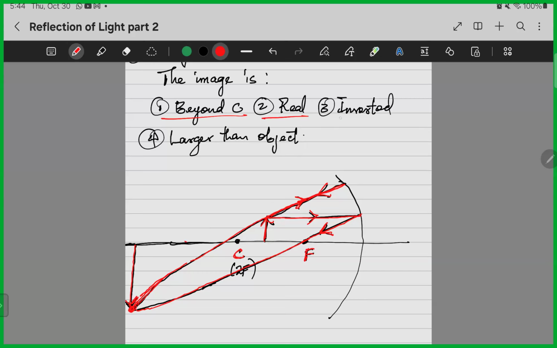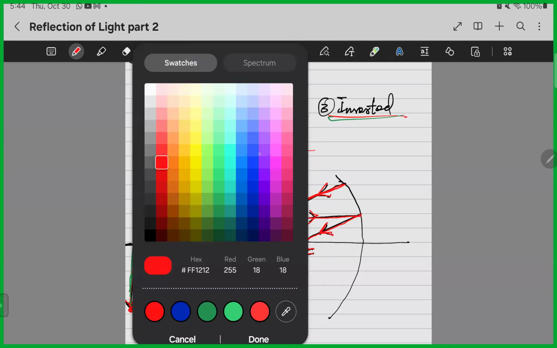Then inverted. You see that the object, which is here, let me put green on it now, is right here. It's facing up. Meanwhile, the image is facing down. That's clearly inverted. It's larger than the object. The image is larger than the object. If you look at the image, let me put blue this time.